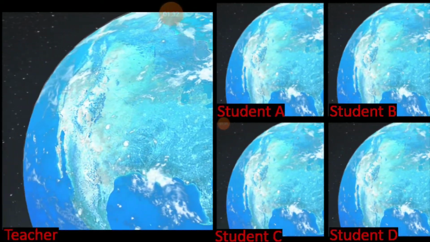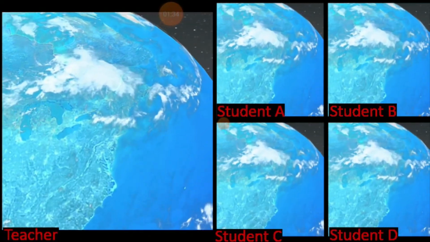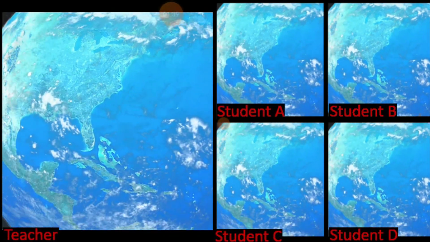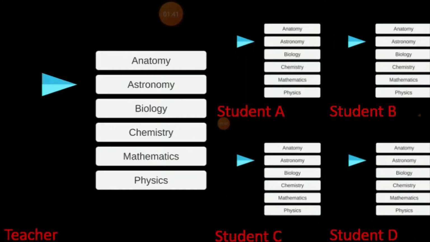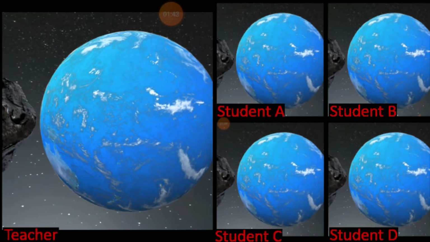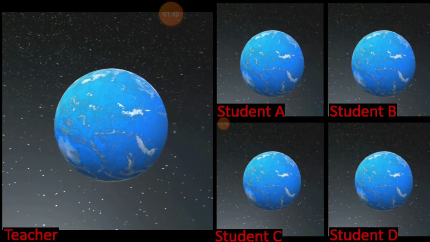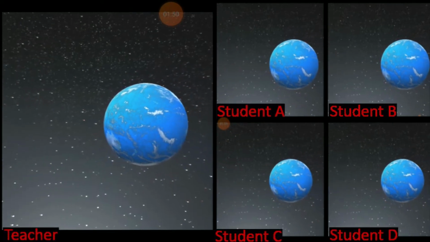Let's zoom in, try and find Rhode Island. And also the teacher can press a button on their controller to start moving and collide with the Earth.